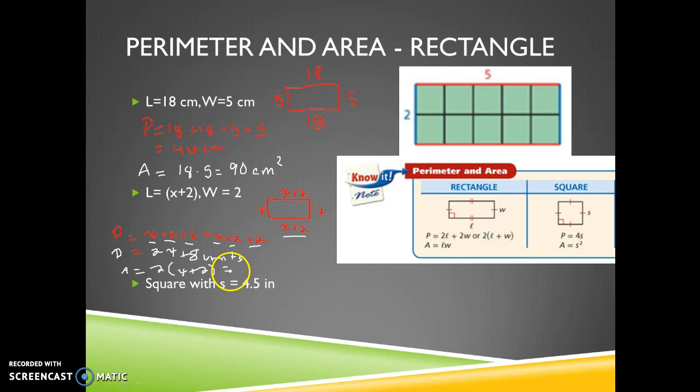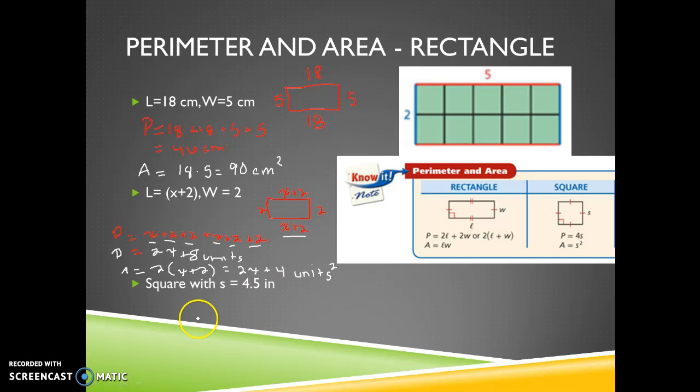So you're going to do 2 times x, which is 2x, and then you're adding in the middle there, and then 2 times 2 is 4. So the only expression we can have for area for this particular rectangle is 2x plus 4. And again, you could say units, and then it's area, so it's squared.